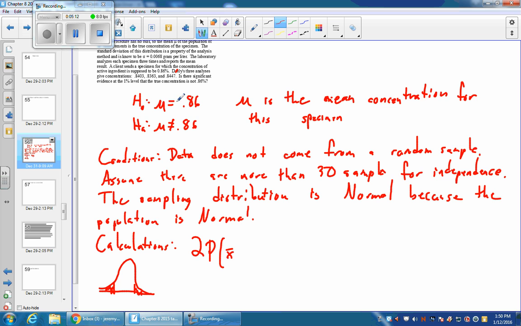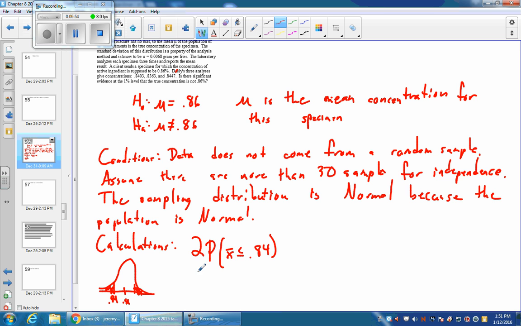First we need to find the mean of those values: 0.8403 plus 0.8363 plus 0.8447. I got an average of 0.84. Since our middle is 0.86, 0.84 would have to be here. So we want to find the probability that x bar is less than or equal to 0.84, and then we multiply that by 2 to get this top end.